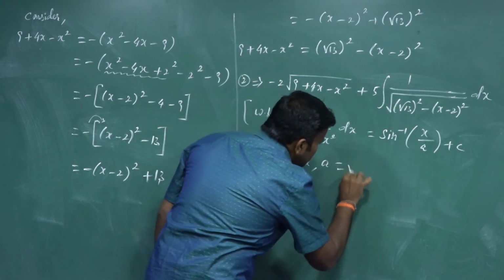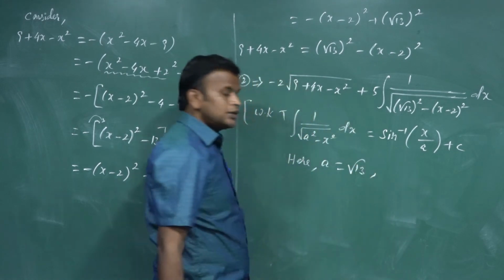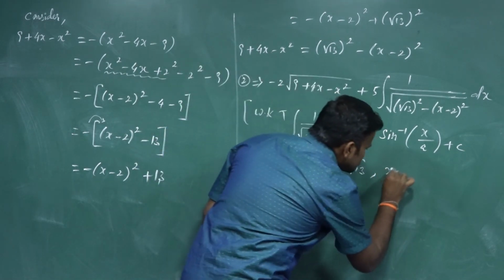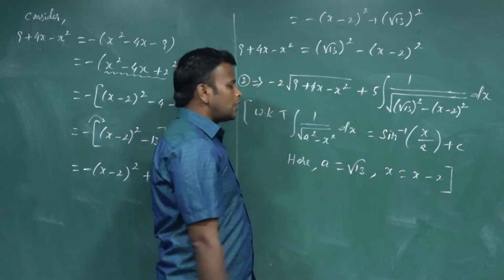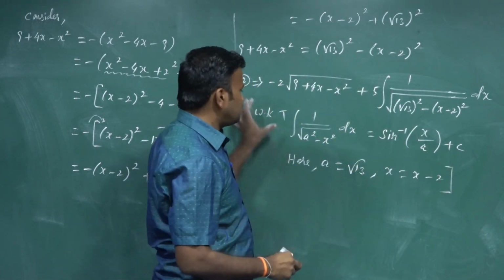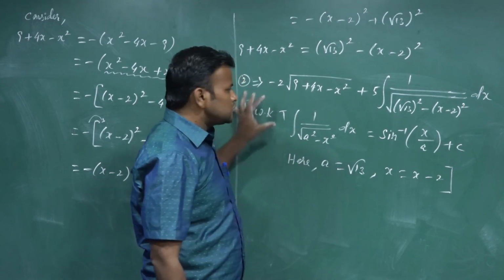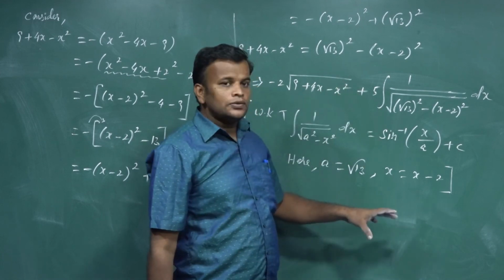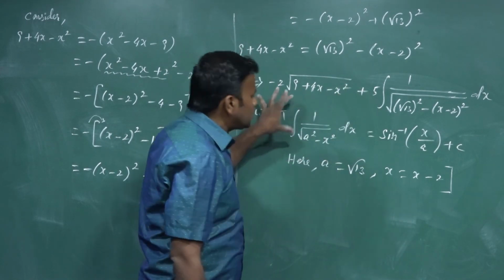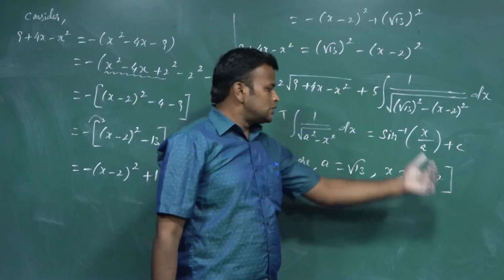The value of a is root 13, and in place of x is x minus 2. This is for your understanding purpose, so I write it in brackets. No need to write this formula; suppose we directly write the answer, it is also enough. Suppose you are doubtful about the formula, you just write the formula.